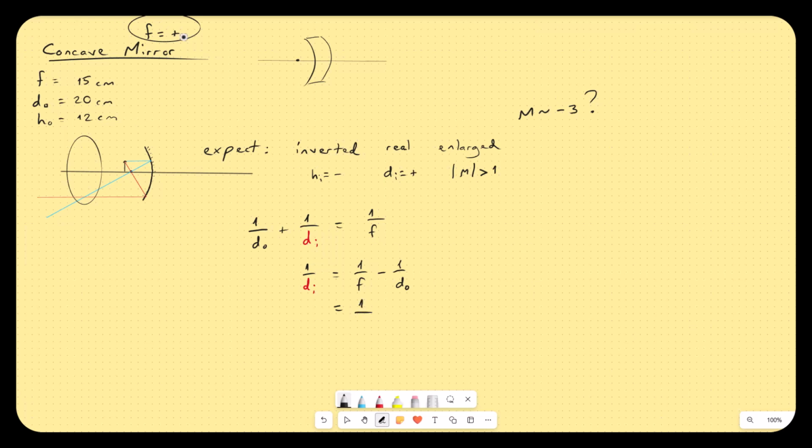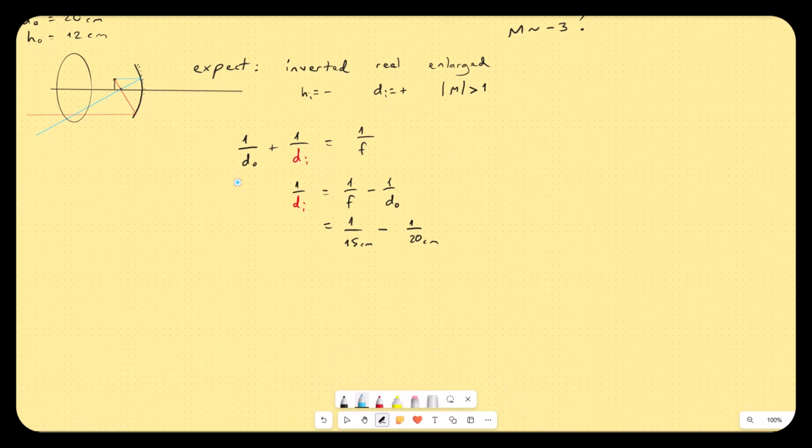It's a positive focal length, so 1 over 15 centimeters minus 1 over 20 centimeters. Common denominator is 60. So this is 4 over 60 minus 3 over 60 is 1 over 60. So my DI is going to be a positive 60 centimeters.